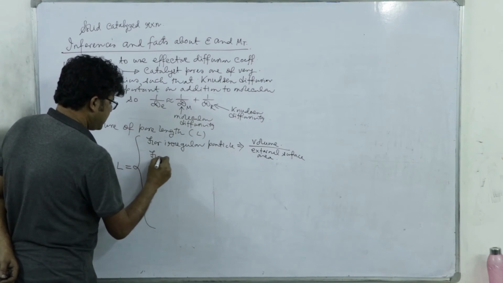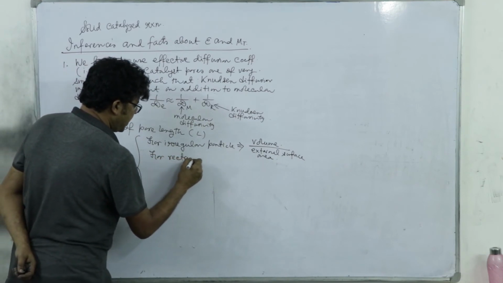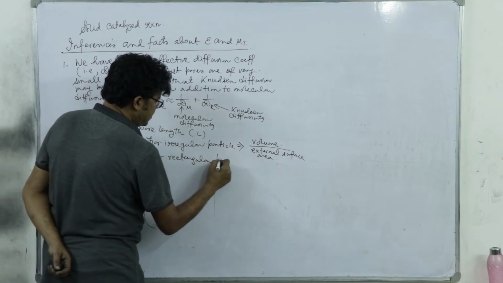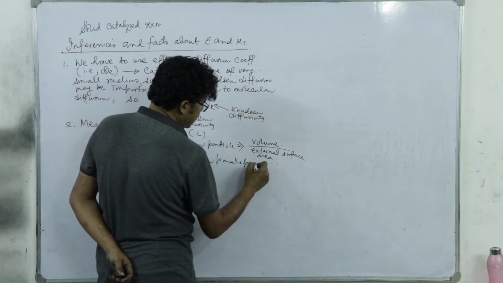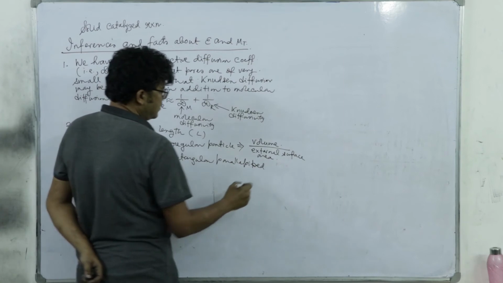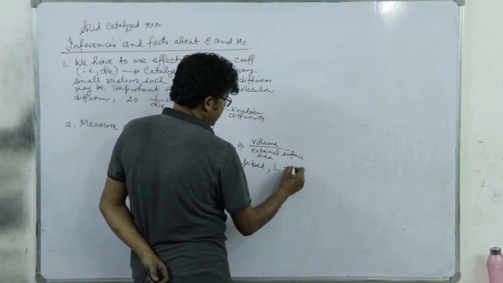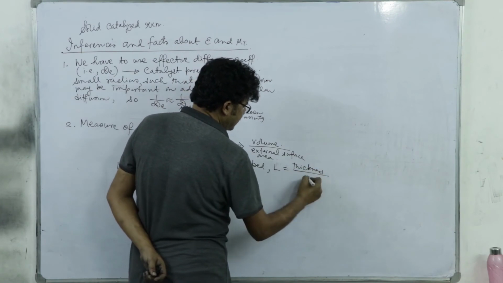For rectangular parallelepiped we have L equal to thickness by 2.